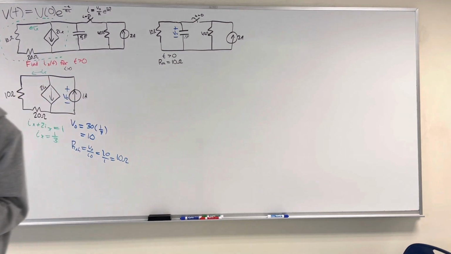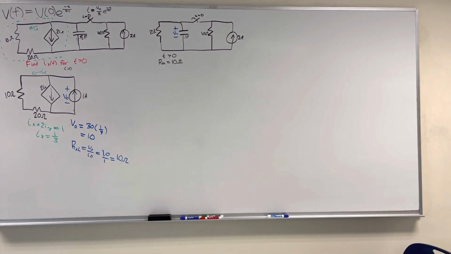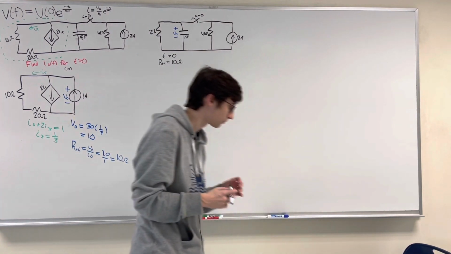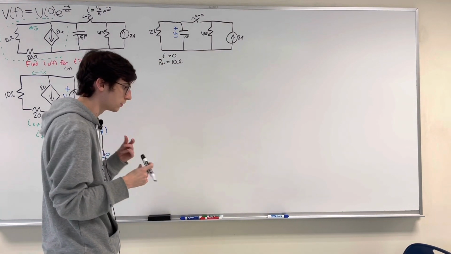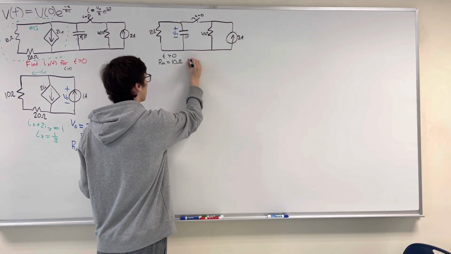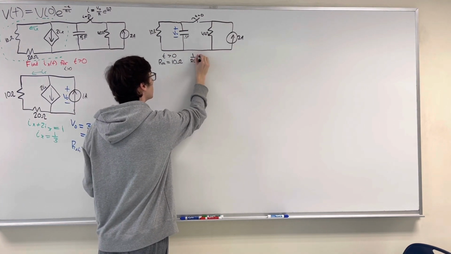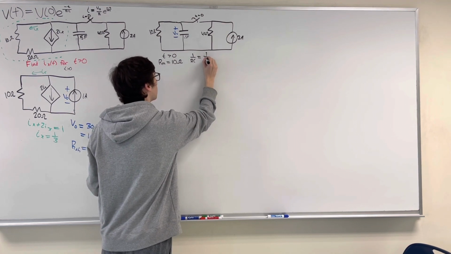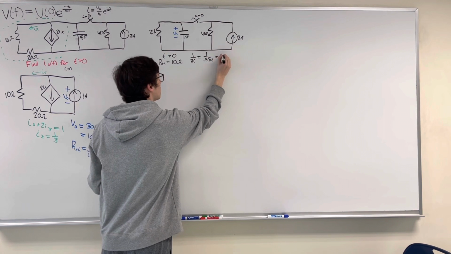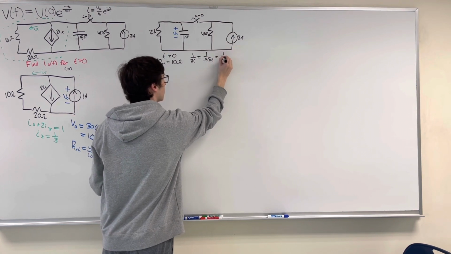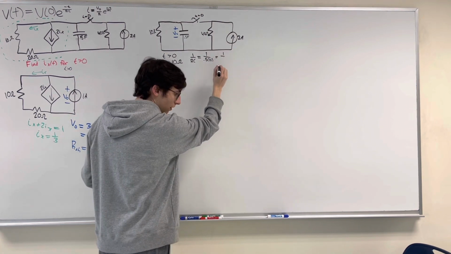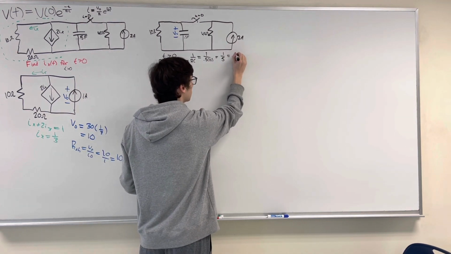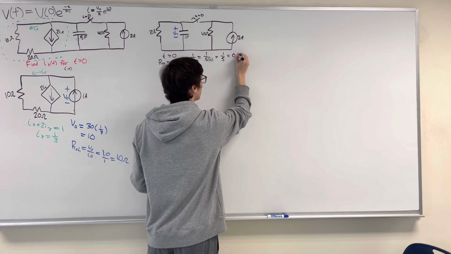So with that, we'll be able to calculate the RC. So our 1 over RC is going to be equal to 1 over 0.5 times 10, which is equal to 1 over 5, which is just equal to 0.2.